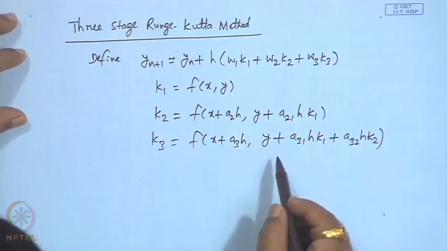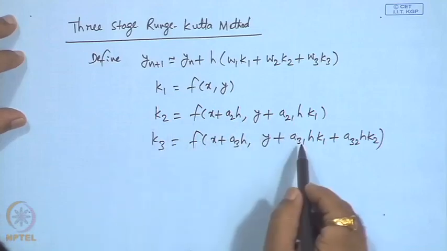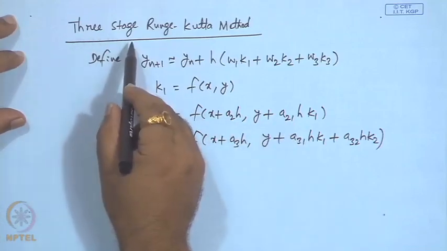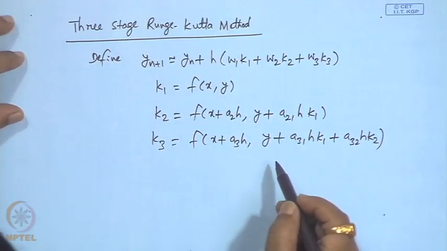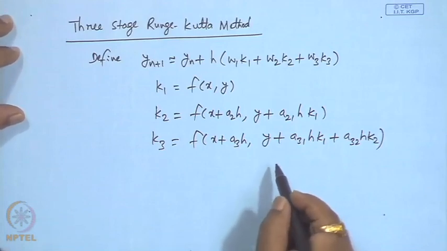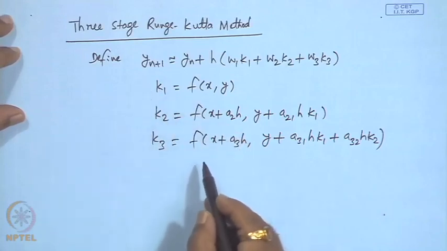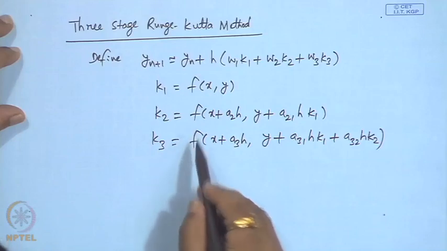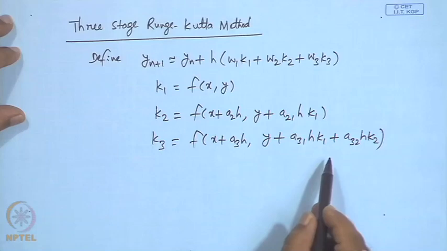So, one has to compare with the Taylor series method and then try to determine the coefficients. Since we are using a 3 stage method, we expect that we should equate terms up to h cube. Okay. For the second order method I have shown you the detailed calculation. So, I expect that if one follows those detailed calculations, then we arrive at a system.